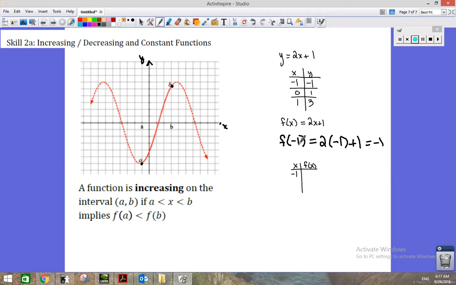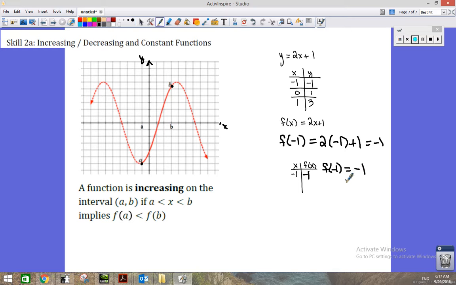So f evaluated at -1 is a y-coordinate. So instead of writing y equals -1, we write that f evaluated at -1 is -1.